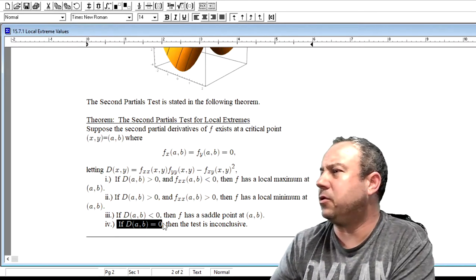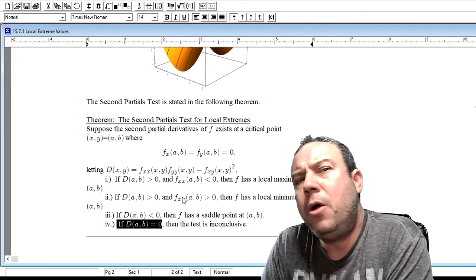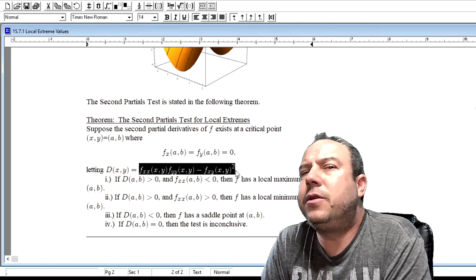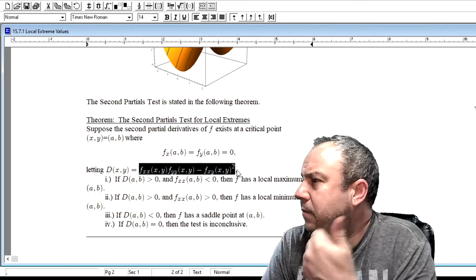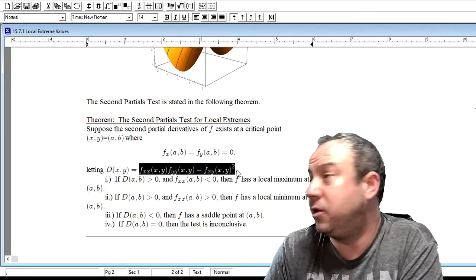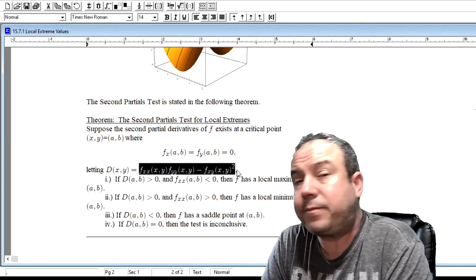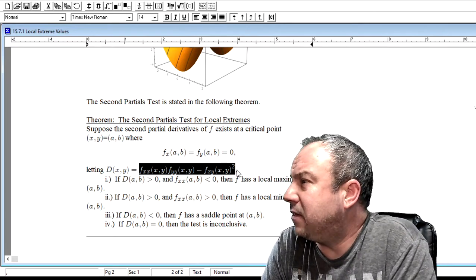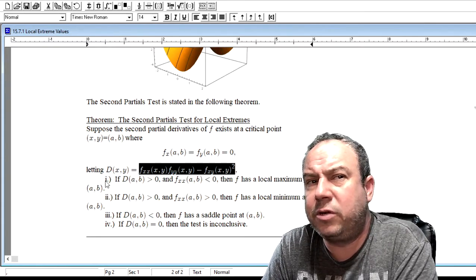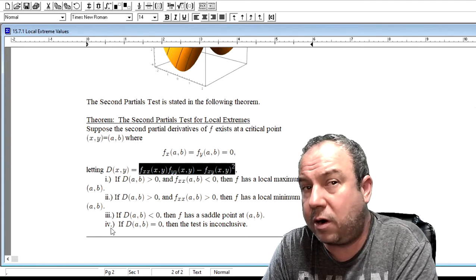That's the second partial test. Once you identify your critical points, you're going to have to formulate what we call the discriminant, this function D(x, y), using the second partials of your function. Evaluate the discriminant at (a, b), which first of all gives you what direction you're going to head into, result 1, 2, 3, or 4.